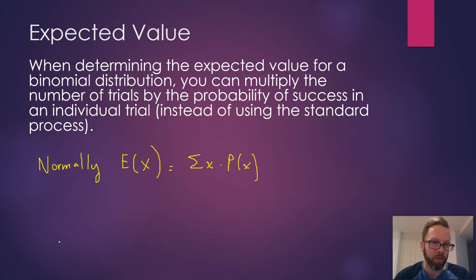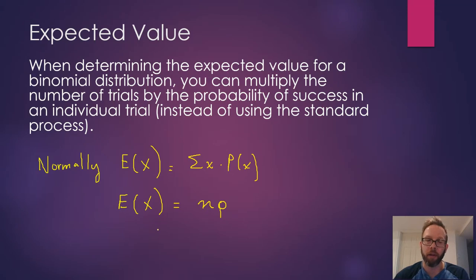With the binomial distribution, you can do a shortcut, which is kind of nice. It's a little formula: you take the number of trials, n, and multiply it by the probability of success, p. So it's a really simple formula to use.